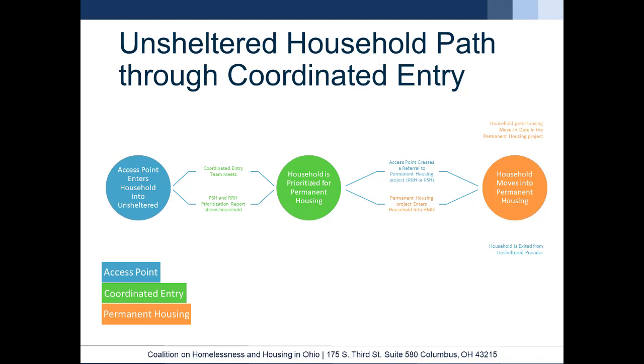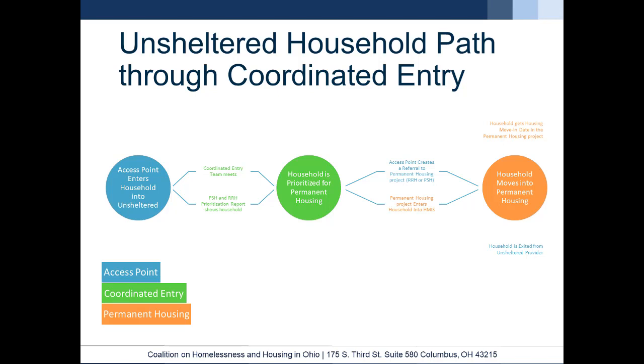The household moves into permanent housing, at which time the household gets a housing move-in date in the rapid rehousing project, the permanent housing project, and the household gets exited from the unsheltered provider. So there is a moment where the client is still in the unsheltered provider and the rapid rehousing provider at the same time, because they're in the rapid rehousing project since they've been accepted and they have accepted the offer of housing.